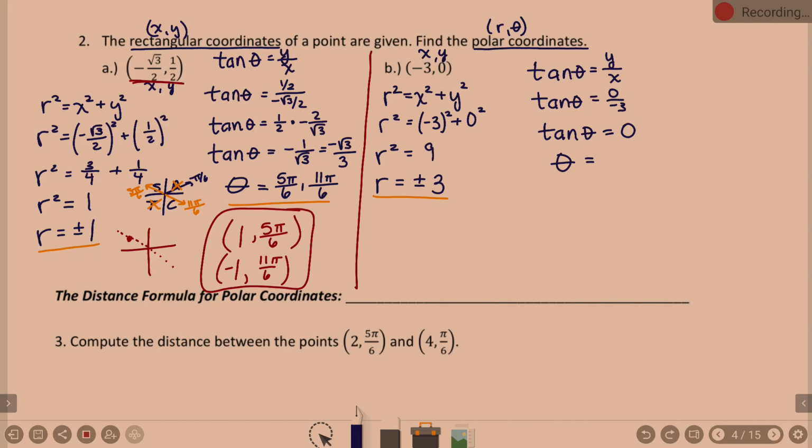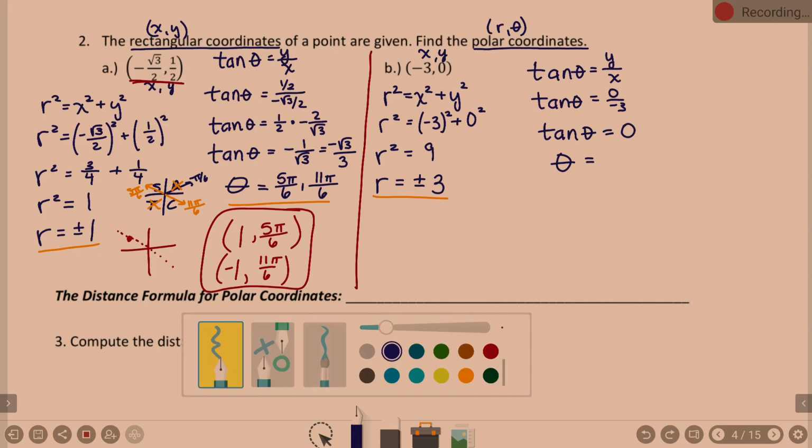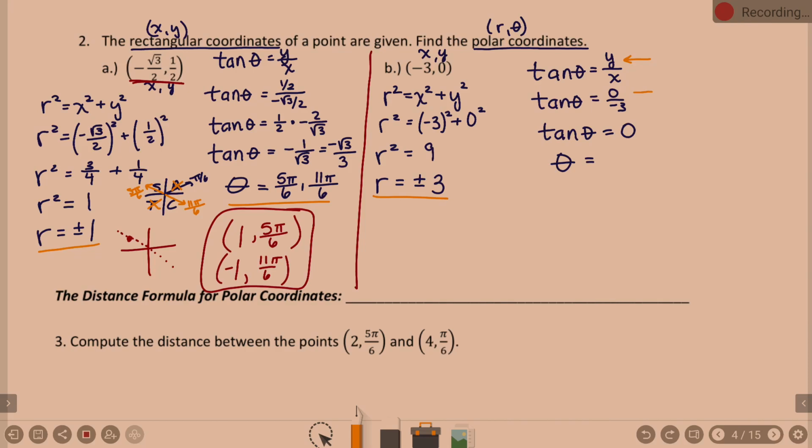So the key thing to look for, when you talk about tangent equals 0, obviously when we talk about a 0, it's going to have to be one of our 4 quadrantal angles, right? But notice, this is a good thing to look at, you're looking for when is y 0. So that's the key, is when does y equal 0?